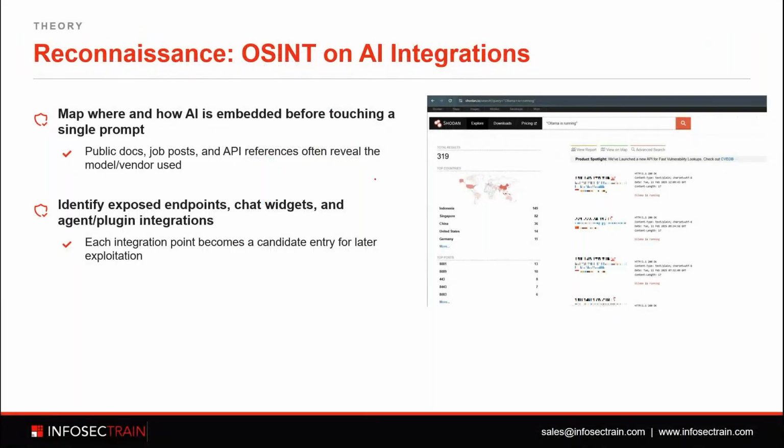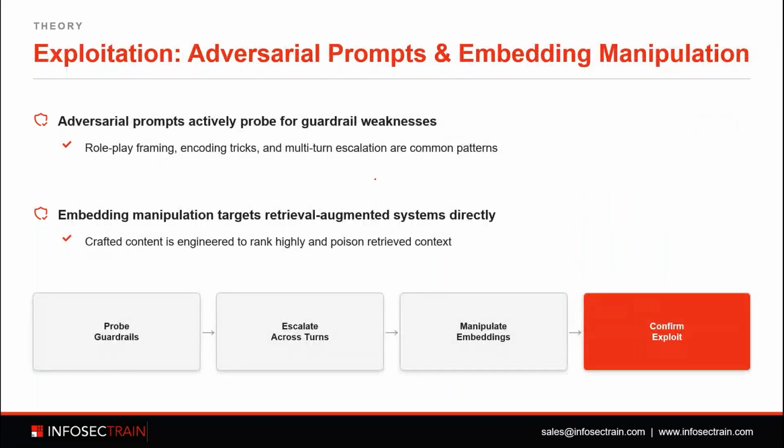Public documents, job posts, API references, they reveal the model or the vendor used, right? That you can use. Then the exploitation part, which we have discussed. In the exploitation part, we have already done the exploitation using the prompts, right? So you are giving the adversarial prompts and manipulating the embeddings.